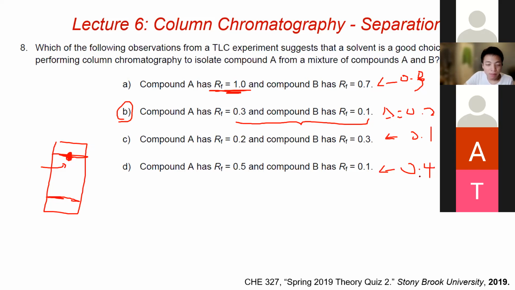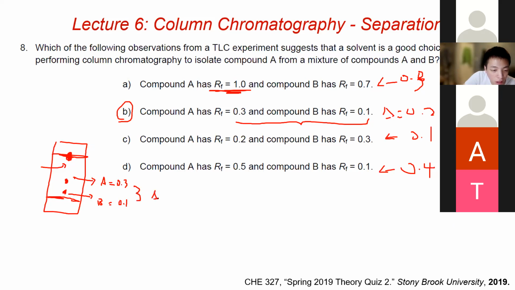Can you repeat that? I missed that. Okay. So for a good separation of the TLC of the column, the spots we have on the TLC plates and their relative RF values. Suppose this is 0.3 and this is 0.1.